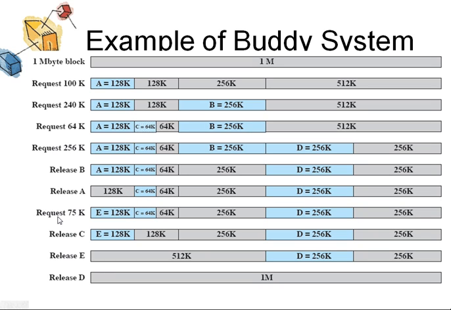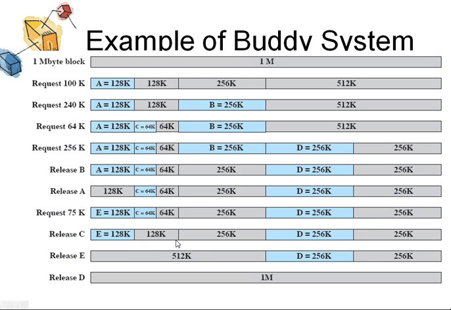Now if there comes a request of 75K, it will be given to process E, but the size of the block we are allocating is quite greater than 75K. But we cannot find another suitable free block, so we can utilize this.